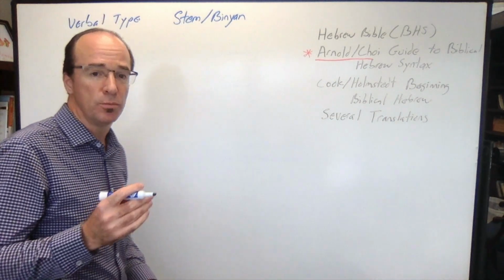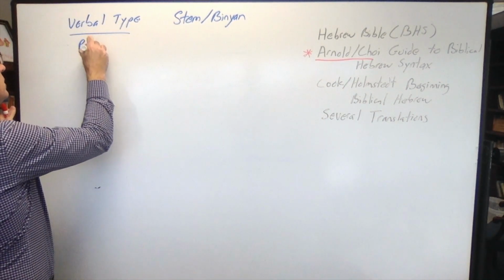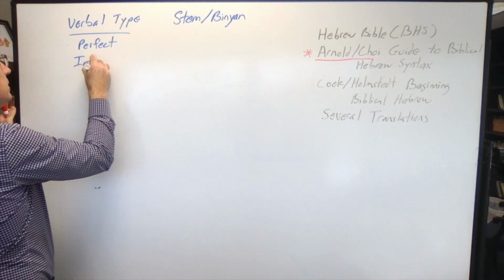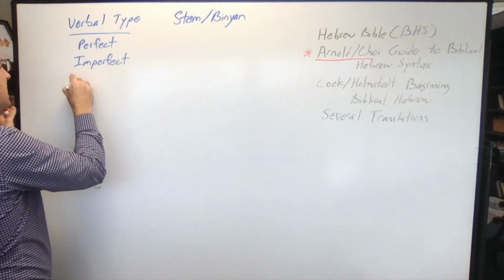Now, types of verbs. Perfect, imperfect, past narrative.